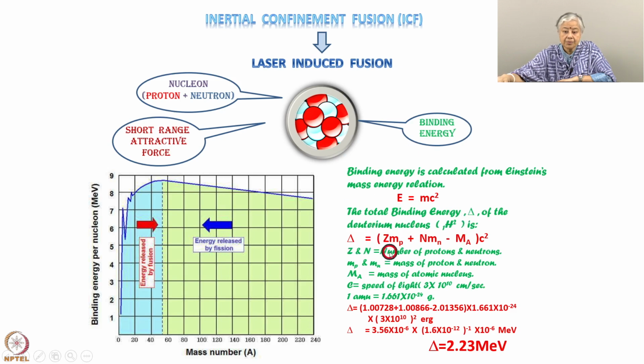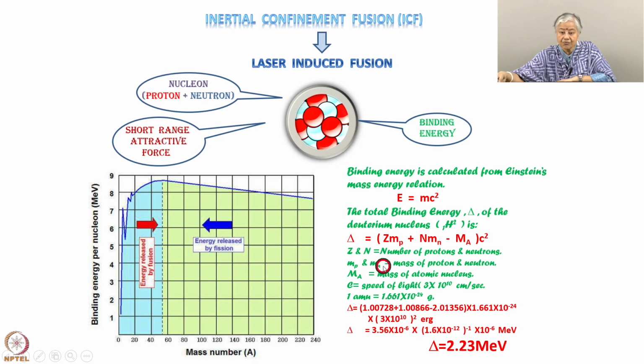Delta will be the mass of the proton and the mass of the neutron, multiplied by the number of protons and the number of neutrons, Z and N, minus the mass of the atomic nucleus, Ma.